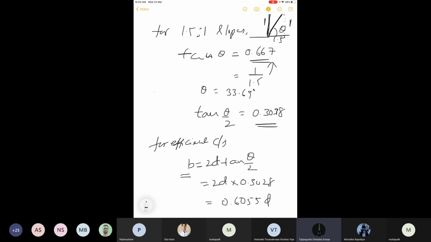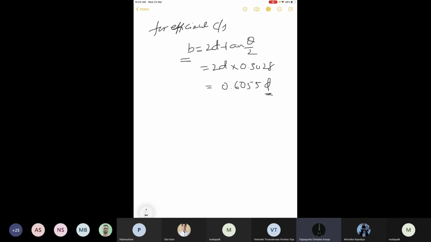So B and D have this relationship in order to have an efficient cross section. Now we substitute it back into A R power 2 by 3.